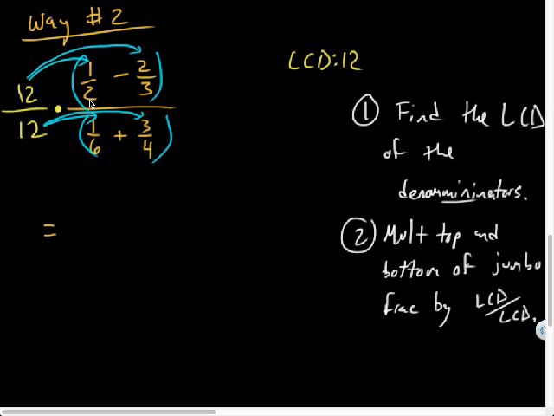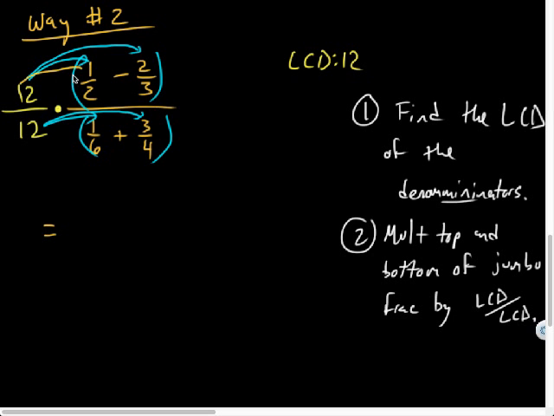You could write that as 12 halves, but let's not waste our time, because I know this 12 is going to cancel out with each one of those denominators. So let's do the division before the multiplication. 12 divided by 2 is what? 6.